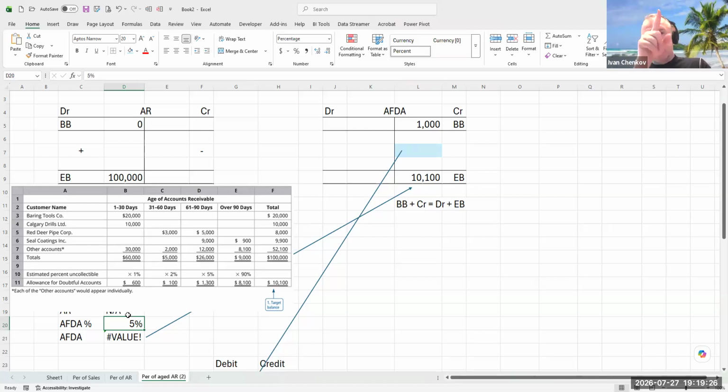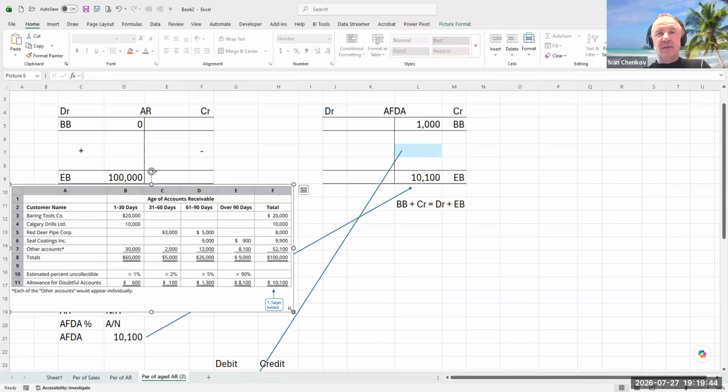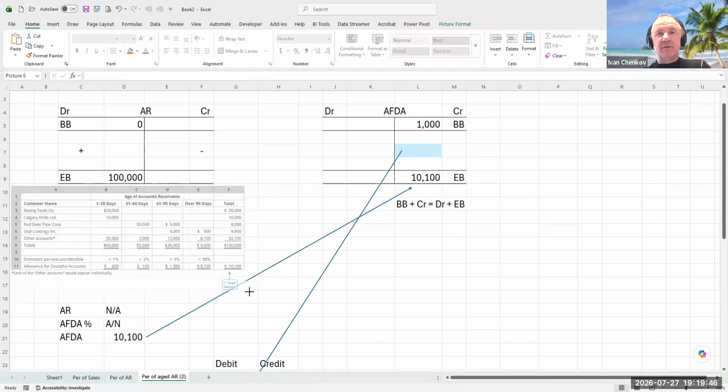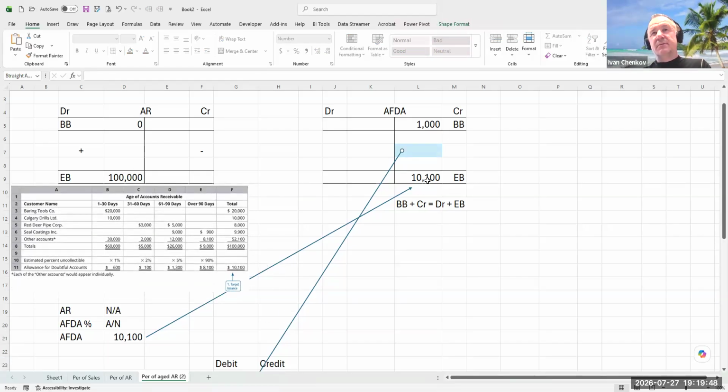As you can see, in the different columns we have different percentages, so we have to calculate all the percentages. That will not be applicable in this case. We're just going to calculate all the amounts, and we're going to come up with the $10,100.